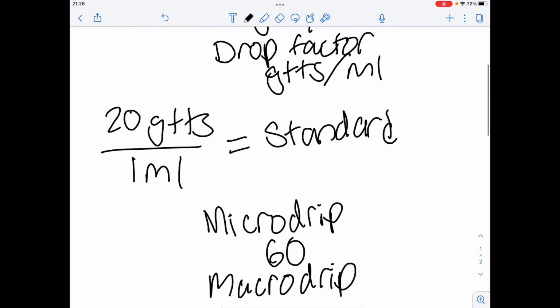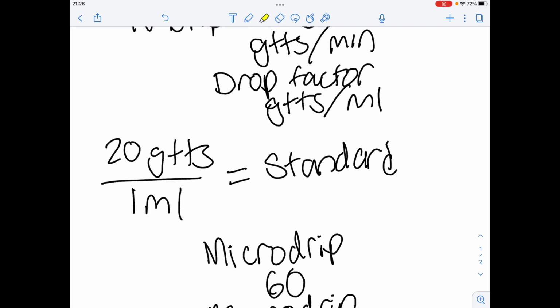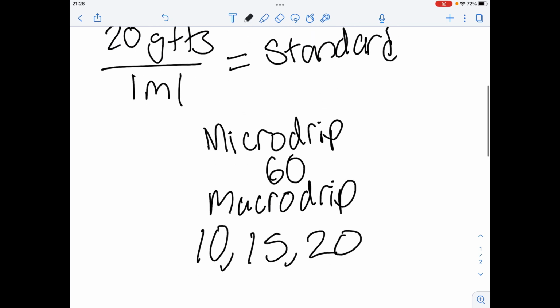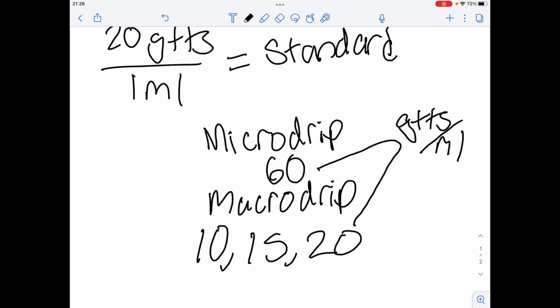And remember, drop factor is in drops per milliliter. So all these drop factors I'm giving you are in drops per milliliter. A lot of the times you will see drop factor, however, just listed as the number. I'm writing it down because that's how you will usually see it, but just know that it will be in drops per milliliter.